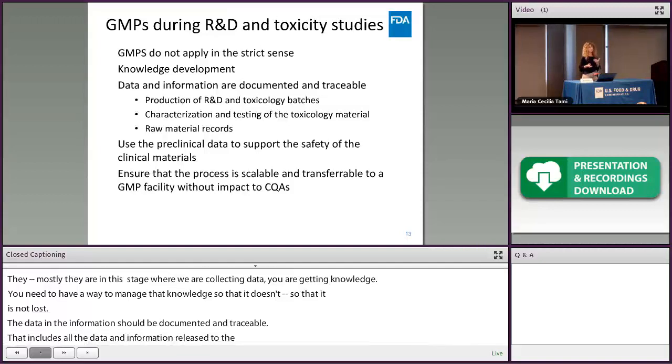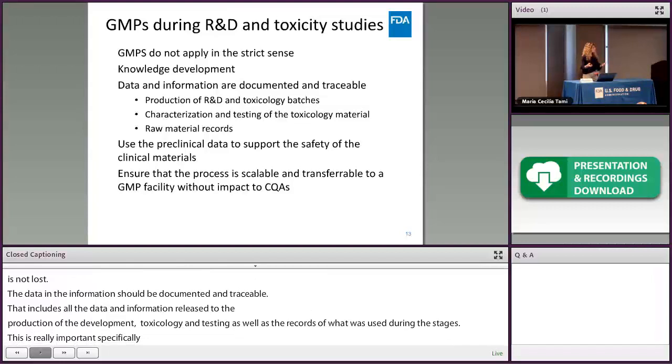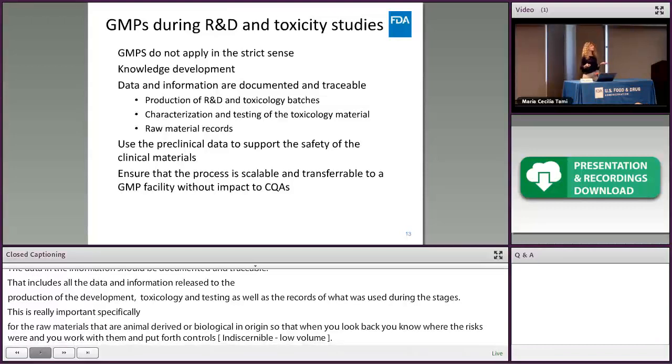And this is really important specifically for the raw materials that are animal-derived or are of biological origin, so that when you look back, you know where the risks were, and you work on them and put forth controls to mitigate them. This, I think, was, for example, important when the BSE crisis started, so that everybody could trace down where in their process they had used some raw material that could be at risk of bearing BSE.